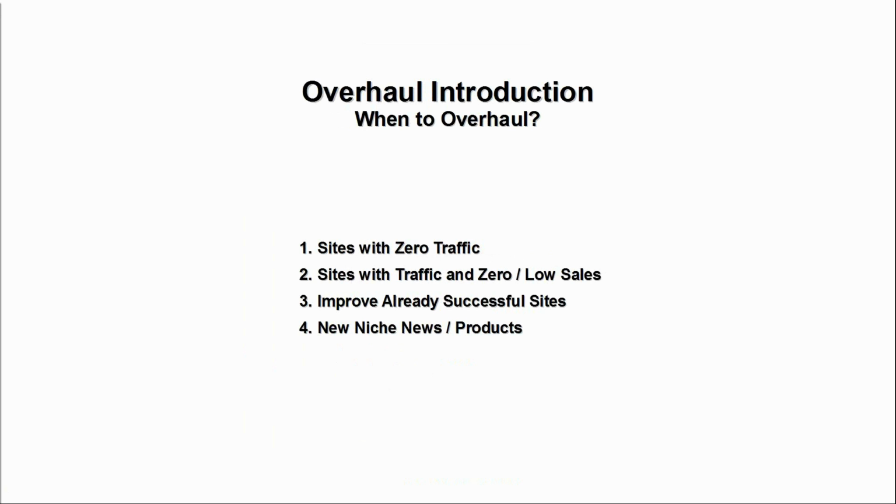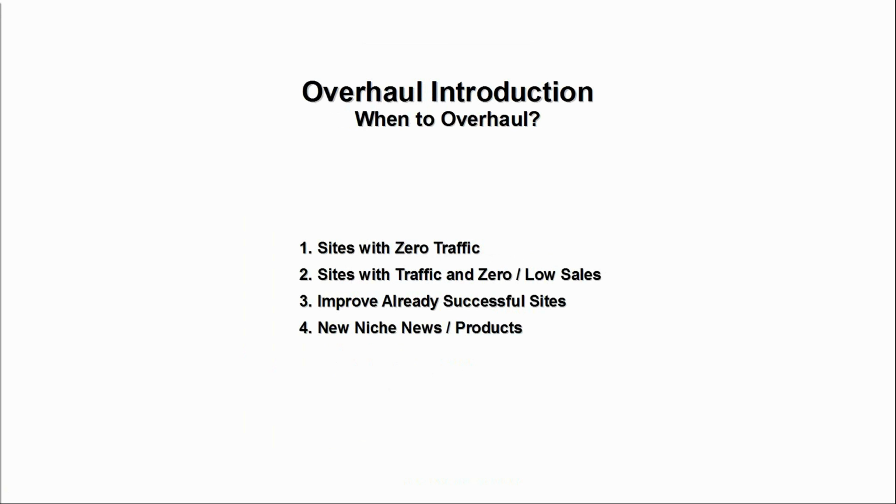So we're going to be diving into this type of stuff a lot to teach you how you can verify that there is potential in these websites before you actually proceed with doing the work to try to fix them. Now, another fairly similar situation is a site that has traffic, but it has either zero or very low sales compared to what that traffic level might be.